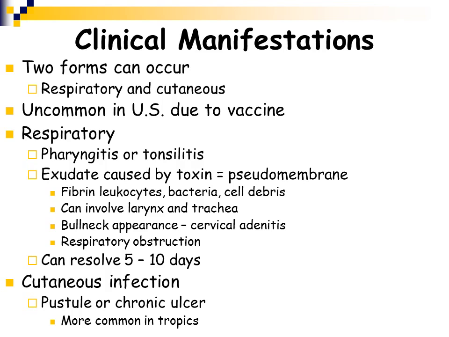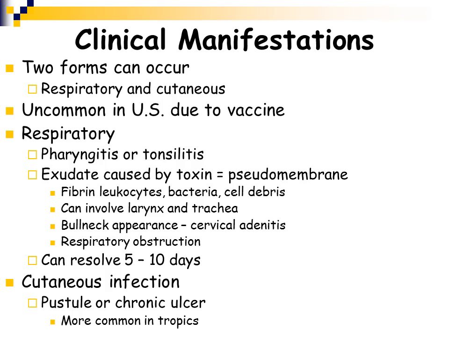The respiratory form of diphtheria causes pharyngitis or tonsillitis and that pseudomembrane exudate in the back of the throat. This pseudomembrane is a membrane-like structure that contains fibrin, white blood cells, bacteria, and cellular debris. It can involve the larynx and the trachea.